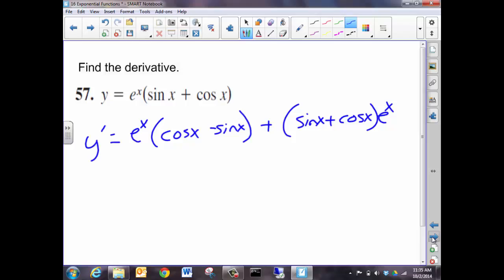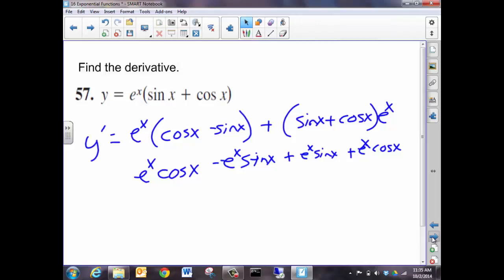Afterwards, we'll be able to cancel the sine. You need to distribute because once you distribute, I think you'll see some stuff that'll cancel. e to the x cosine x minus e to the x sine x plus e to the x sine x plus e to the x cosine x. So that's just distributing the e to the x through there.